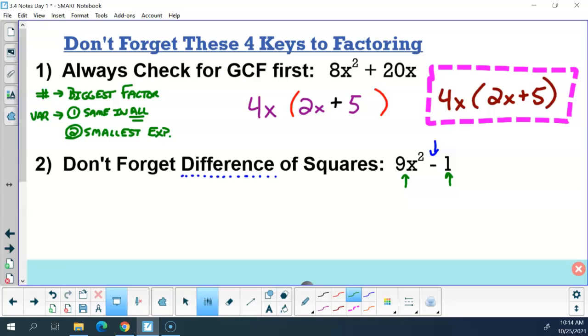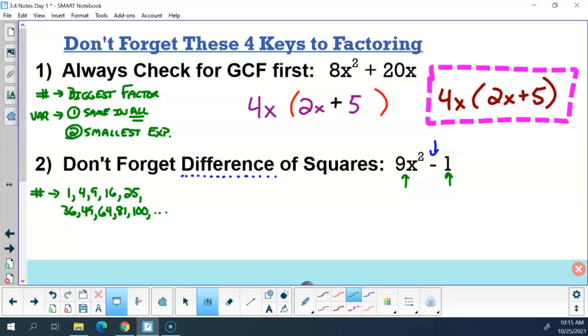Okay? So in terms of numbers, the perfect squares, again, are 1, 4, 9, 16, 25, 36, 49, 64, 81, 100, and so on and so forth. 121 for 11, 144 for 12, 169 for 13, 196 for 14, 225 for 15, and so on and so forth.